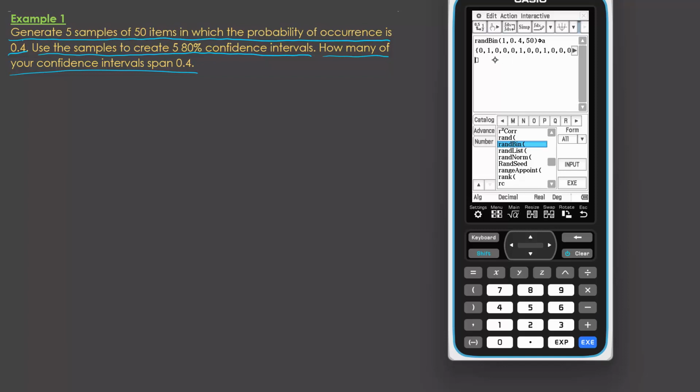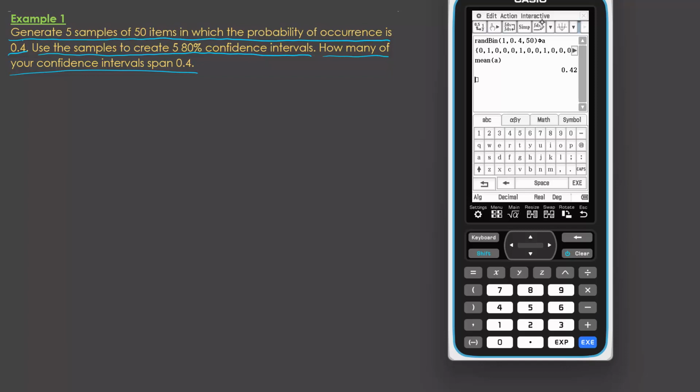If it was precisely modeling the population, then we would get 0.4, but it's unlikely that we'll actually get that. So let's go for the mean of A. So we're working out the mean of the 50 numbers above. And in this case, we got 0.42.